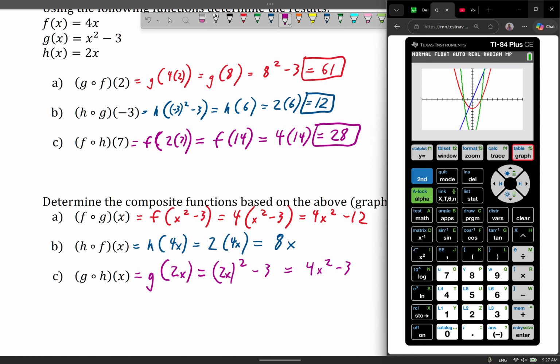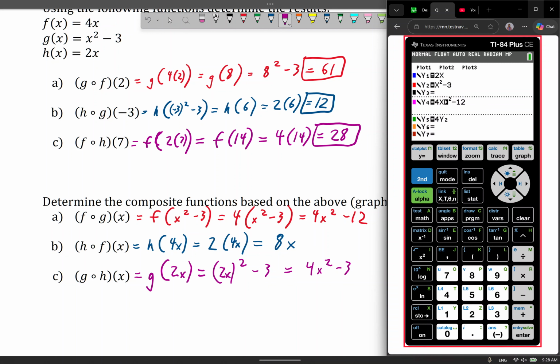And that looks pretty good, but let's go ahead and actually check this one. So there is our g function. So I'll make this one my h function. This is 4x minus, it should be 3.